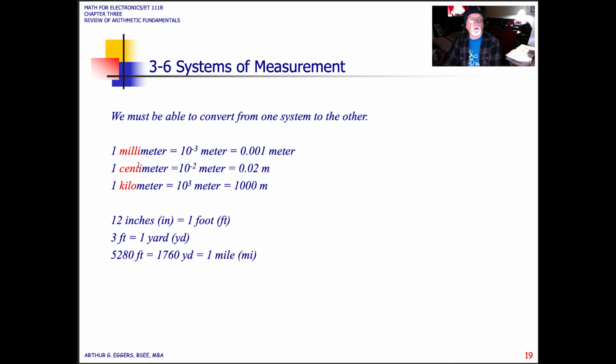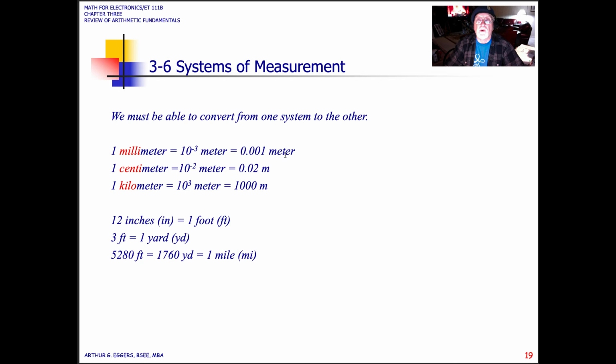Now, how do we apply these metrics to some of these other weights and measures and conversions? Well, let's take a look at what 1 millimeter is. One tiny, tiny little length of measure. 1 millimeter is 10 to the minus third meters, or as we've seen, 0.001 meters. Pretty small.